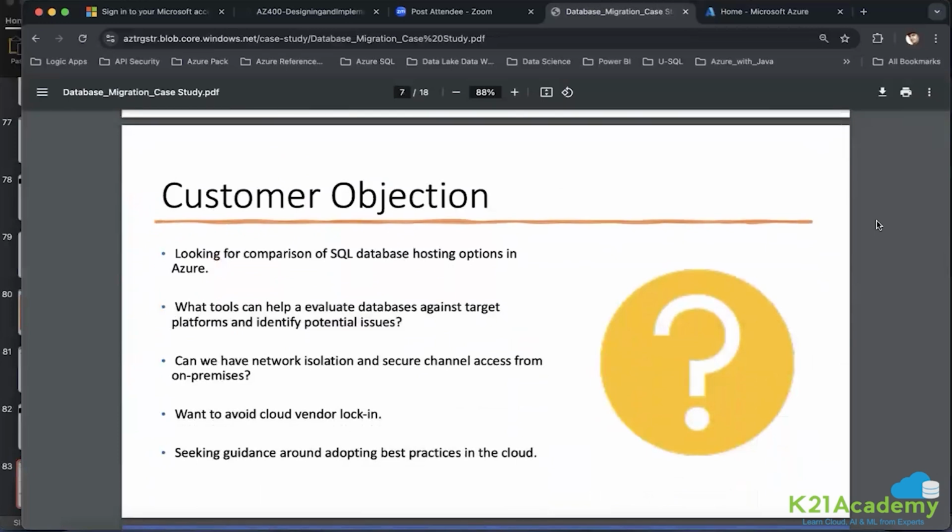Customer objection: looking for a comparison of SQL database hosting options in Azure. Of course, with the growth of cloud service providers, you will come across a variety of data service providers who offer their services across the cloud, be it Azure, AWS, Google, or even on-premise.